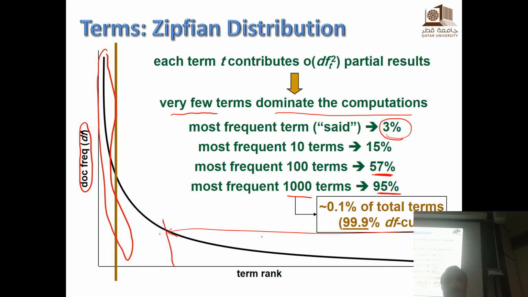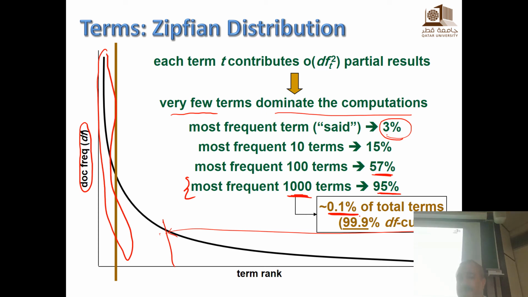Is that clear? This by itself, remember this 8 trillion number, 8 trillion pairs? 95% of this 8 trillion pairs are just generated by 1,000 terms, which are just 0.1% of the total terms.